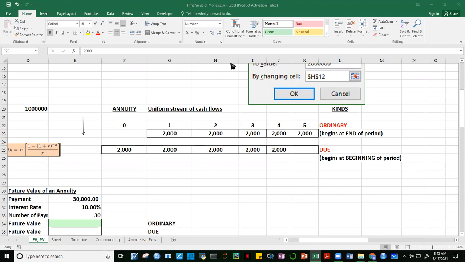Assuming the cash flows are the same, both 2,000, both 5 years, which annuity will have the bigger future value? Okay, let's see the answers.